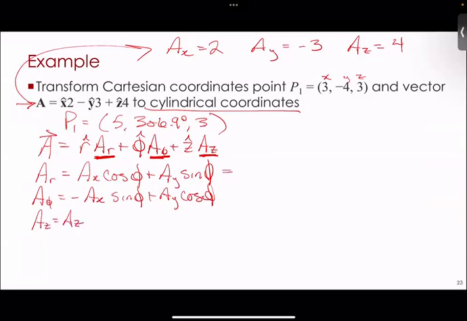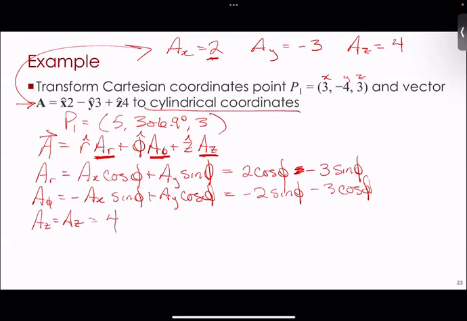So the AR, AX, that's 2. Nothing we can do with the cos phi. AY, well, I'm going to change that to be a minus 3 sine phi. Minus AX, that'll be -2 sine phi. And then again, -3, but cos phi. AZ equals 4. So our total A is this uglier looking thing here.